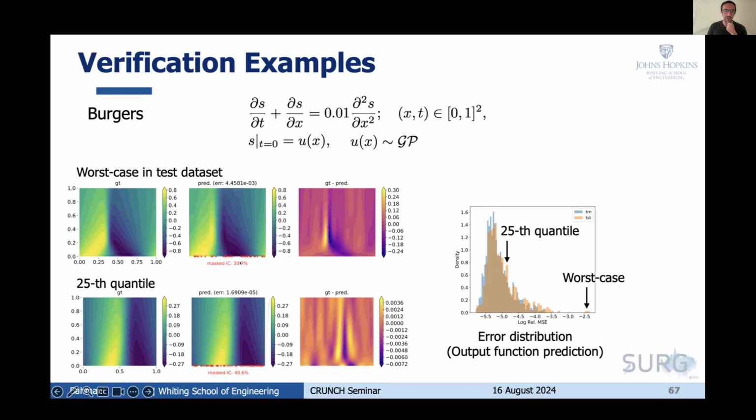The mask is 30%, but the 25th quantile is like 40%. The number and location differ from one realization to the other. This is the error distribution for the output function prediction. In the worst case we have a slightly high error, I guess because it's out of distribution. That makes sense. But on average, we are doing at least two orders of magnitude better. And these are all relative errors, not absolute errors.